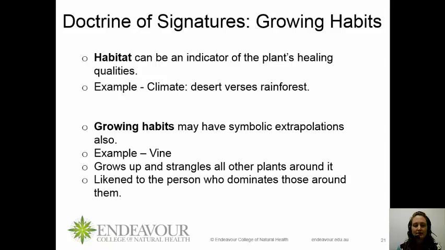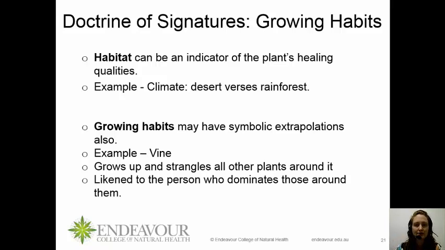Growing habits as well are really interesting, and are taken strongly into consideration, particularly with plants that have unusual growing habits, like air plants, plants that aren't really attached to the earth. They may be quite etheric and not quite of this realm, so they may be used for moments of passing over, for example, moments of death and dying.